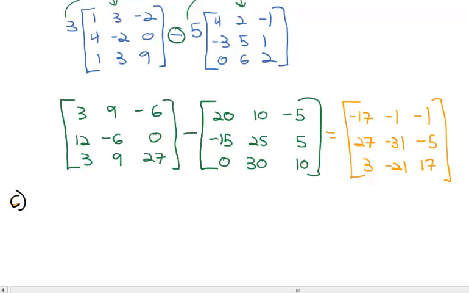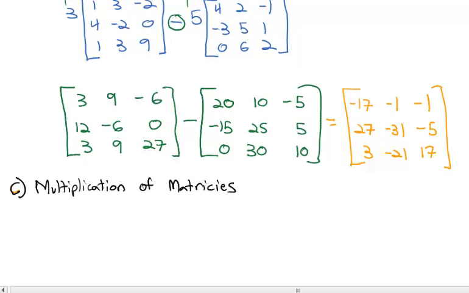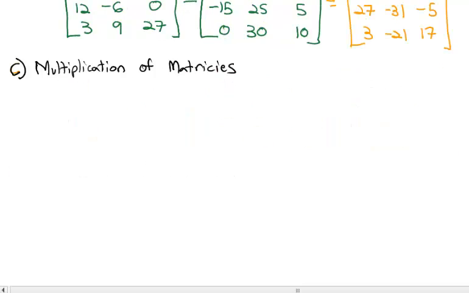This is an operation that is probably used the most with matrices, and that is multiplication of matrices. This is where we multiply a matrix times a matrix. And this is going to take a little bit more work.